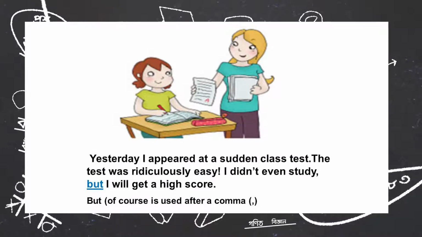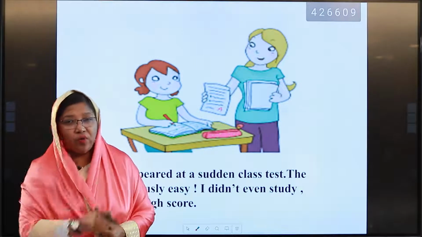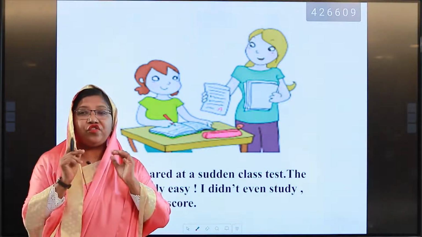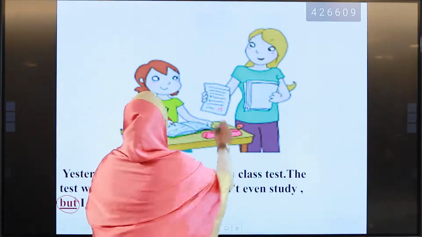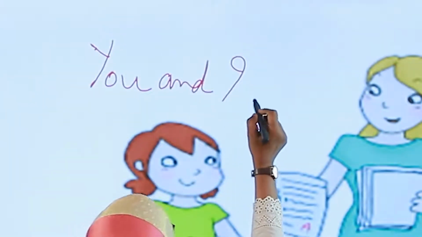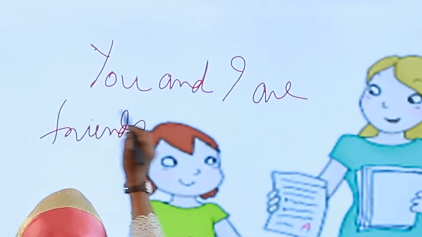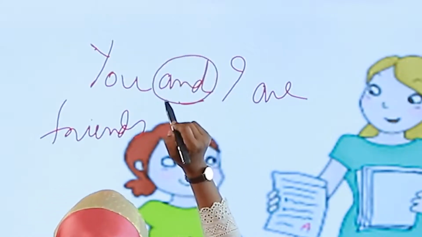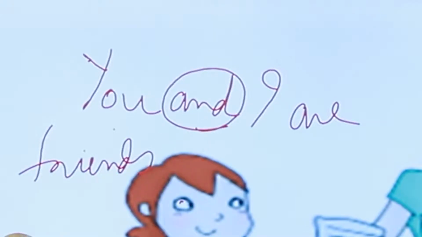Another situation. But is a linking word when it links two words. Say, you and I are friends. And here, and is a linking word, it has connected you and I, two words.